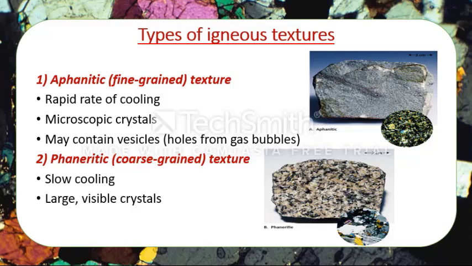So aphanitic is the fine grain texture, with rapid rate of cooling and microscopic crystals, and it may contain vesicles, holes from gas bubbles, and then we call it frothy texture, which is related to pumice. Pumice is related to granite, but if its mineral composition is related to basalt, we call it scoria.